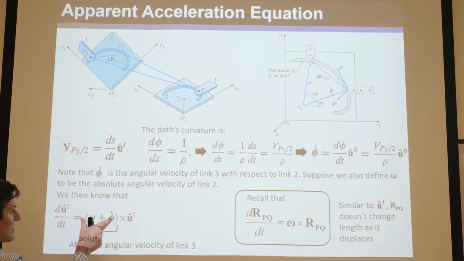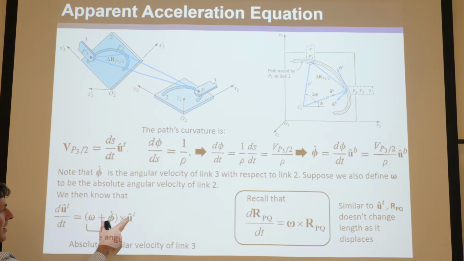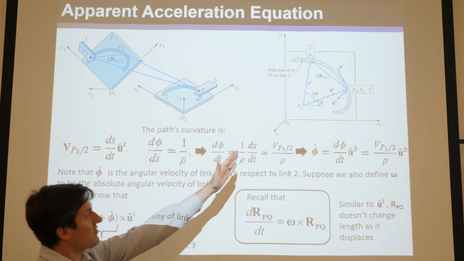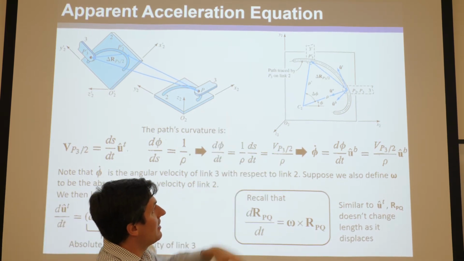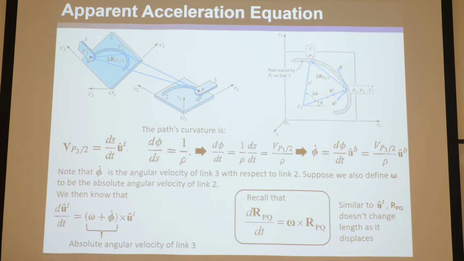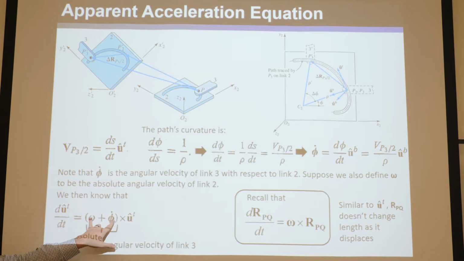You just have to make sure this is the absolute velocity of that ut, which of course is stuck on 3. The absolute velocity of ut there is this. That's why you want to use this velocity.